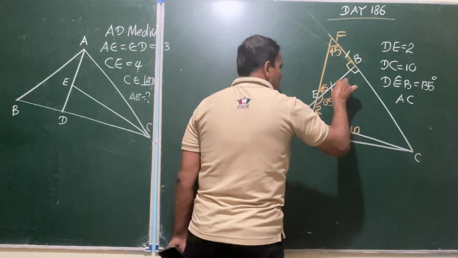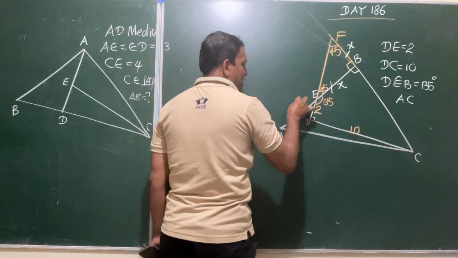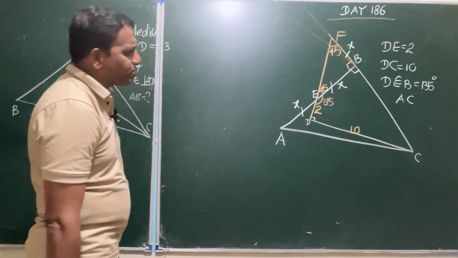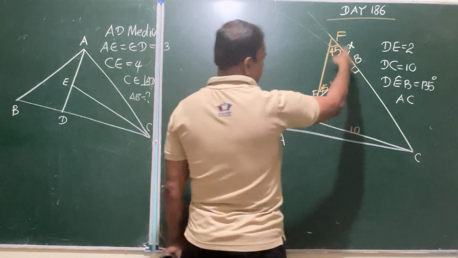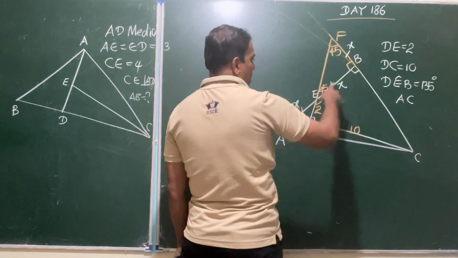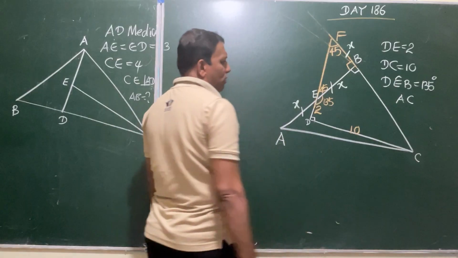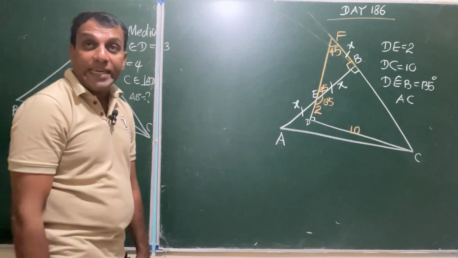So can I take x here? So here x, so many x's, right? And it's right. Okay, so can I find the x value? You can use Pythagoras. By using this Pythagoras, I have a chance to find FE or EF.